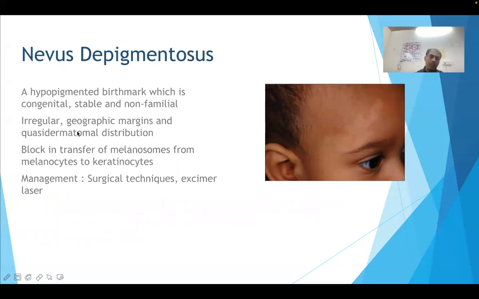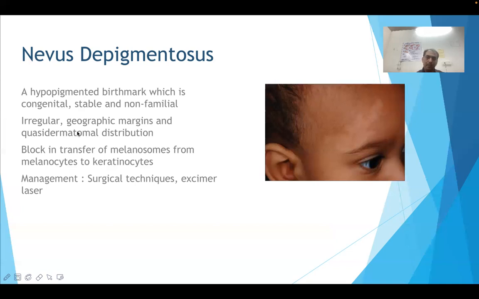Nevus depigmentosus. It's a hypopigmented birthmark which is congenital, stable, of non-familial inheritance, with irregular geographic margins, and a quasi-dermatomal distribution is seen in cases of nevus depigmentosus. It should be differentiated from vitiligo.